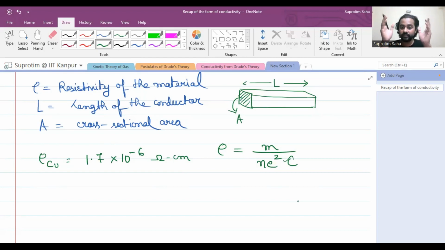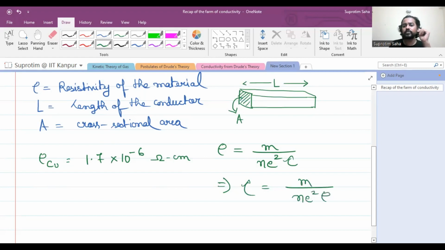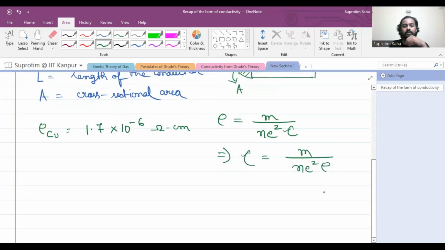We do have an estimate of resistivity. We know the mass of the electron. We can have an estimate of the density of electrons or the charge carriers. We know the charge of the electron. We can have an estimate of tau. So this implies that tau is equal to m by n e squared rho.